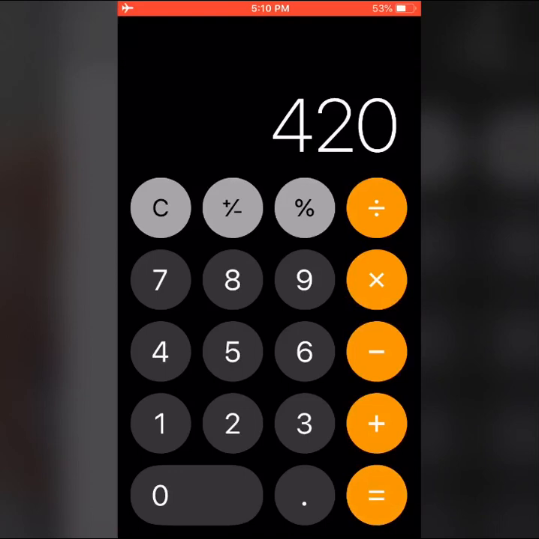I would make $420 on that trade. Likewise, if I ended up taking a loss, if I saw that this was going to go significantly in the wrong direction, and I decide, okay, let me take my losses and come out of this trade, I would lose $420.